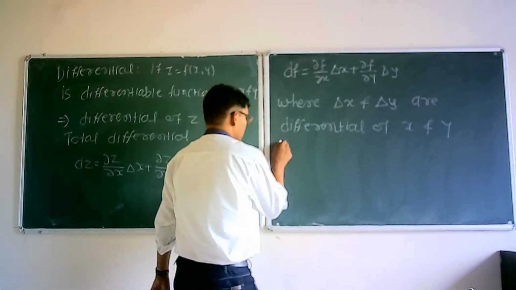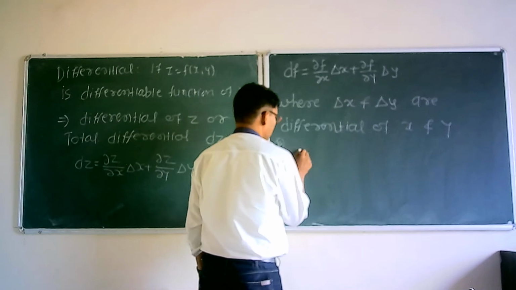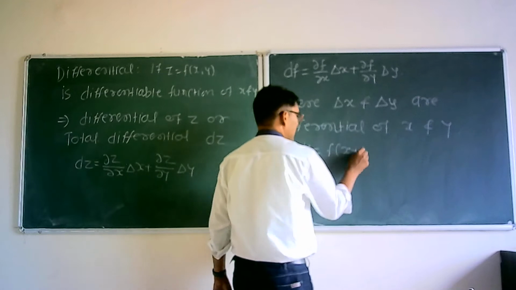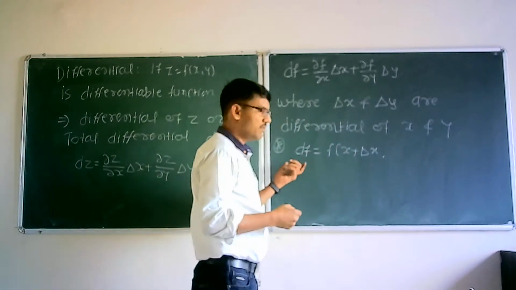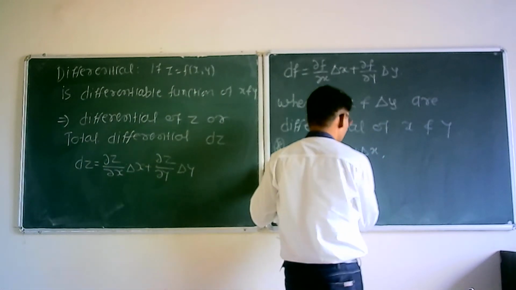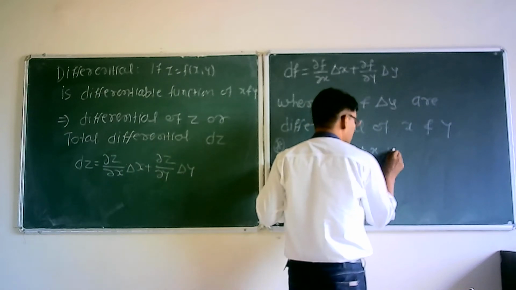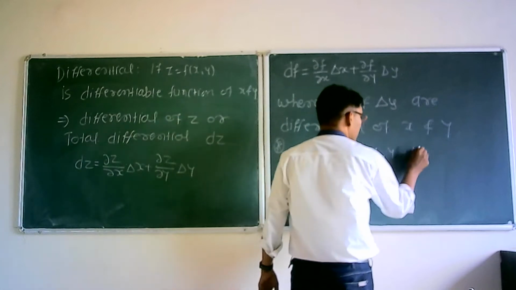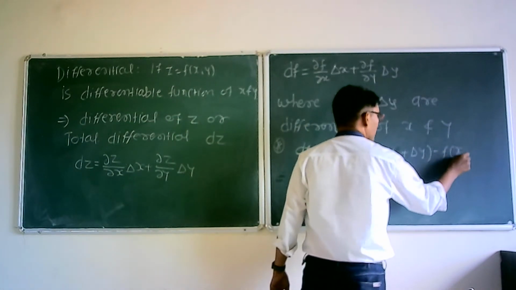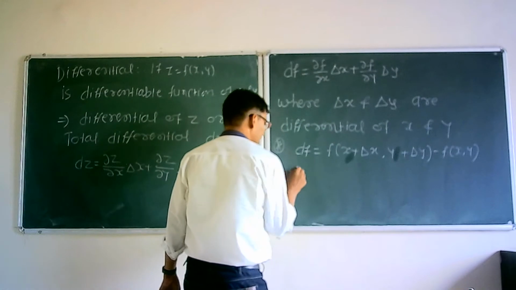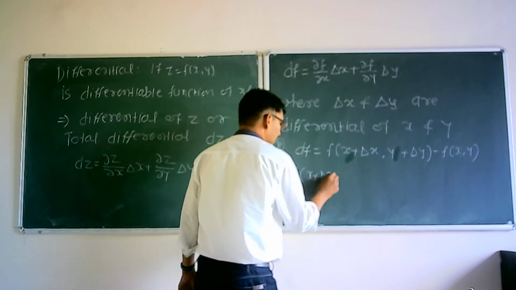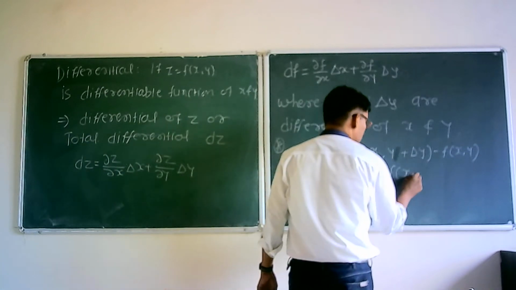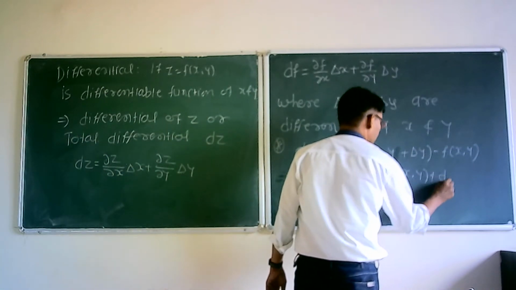We know that df is equal to the increment of the function, f of x0 plus delta x, y0 plus delta y, or f of x plus delta x, y plus delta y, minus f of x, y. So we can write f of x plus delta x, y plus delta y is equal to f of x, y plus df.